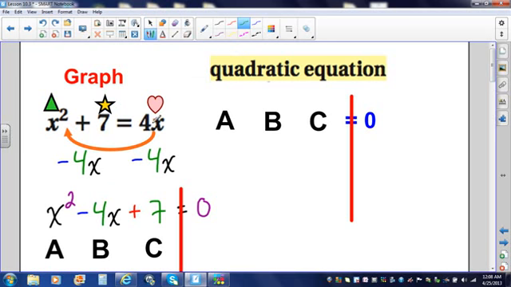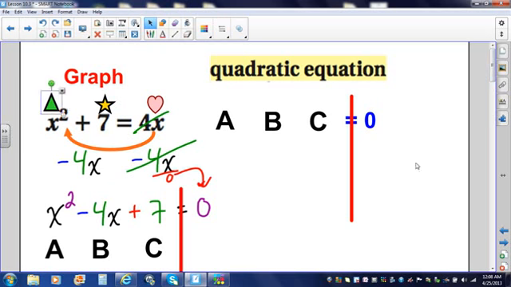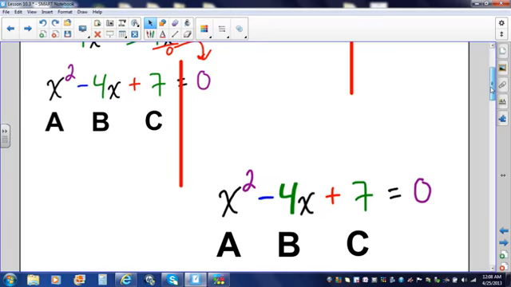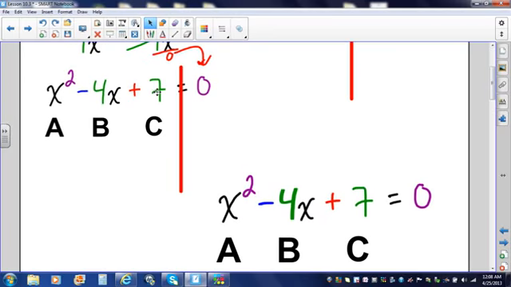When we subtract 4x, bada bing, bada boom, ALC, goodbye. That's going to leave me 0. There's my 0. Notice I cannot combine this because it's a heart, and I don't have a heart over here. So I have x squared minus 4x plus 7 equals 0.